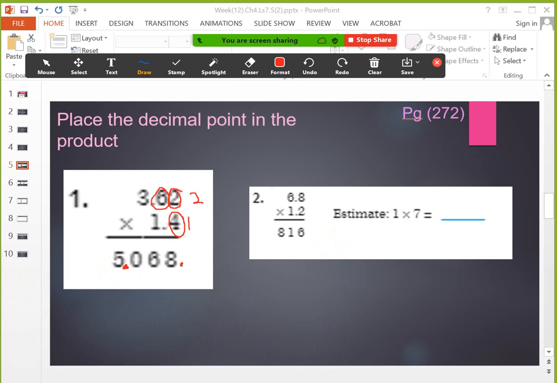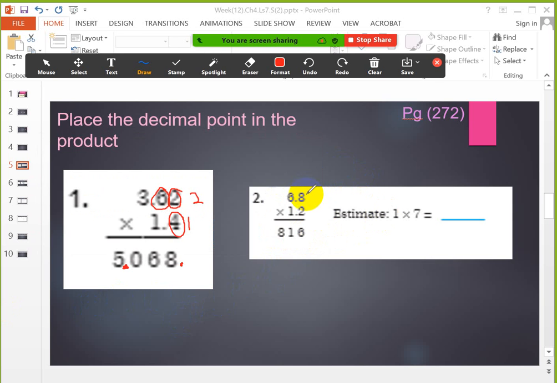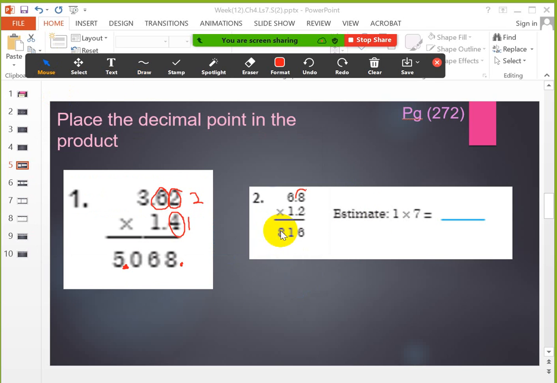Open your mic, Celine. Can you hear me? Now tell me, how many digits after the decimal point in this number, 6.8? 1 digit. Very good. Now, how many digits here after the decimal point? We have 1 digit.